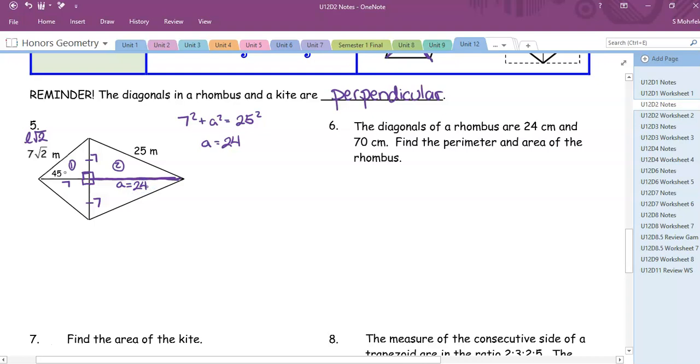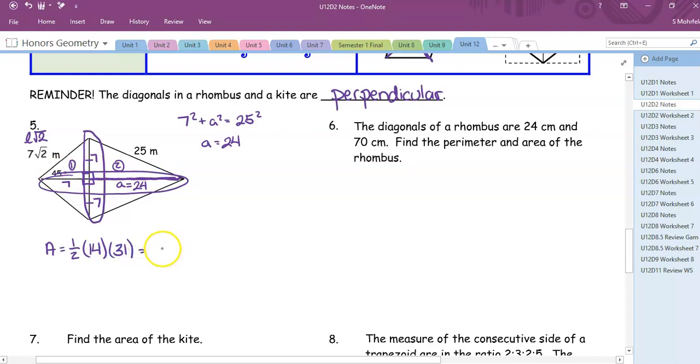Okay, so what that let me do is figure out the lengths of my diagonals, so now I can just go through and plug them into my equation. Area equals 1/2 diagonal 1, so I add 7 plus 7, which is 14, times diagonal 2, so I add 7 plus 24, which is 31.